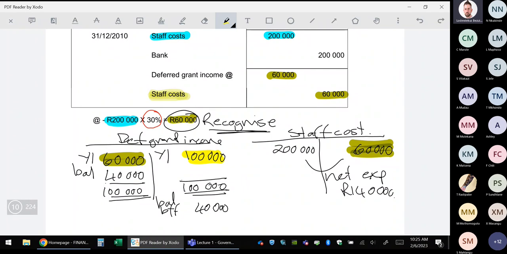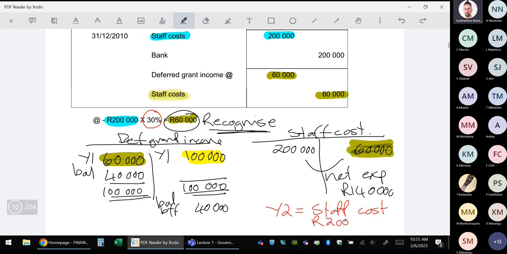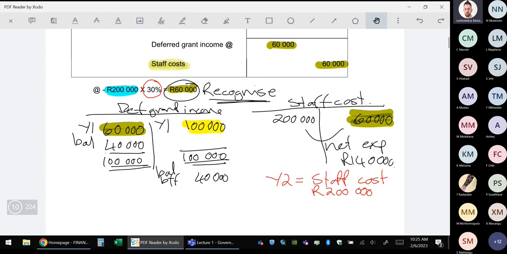Each year, we can recognize 30% of our salaries. So if year two is again 200,000, 30% of 200,000 gives us 60 again.